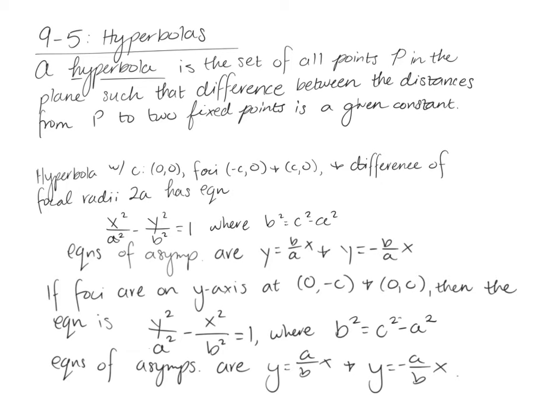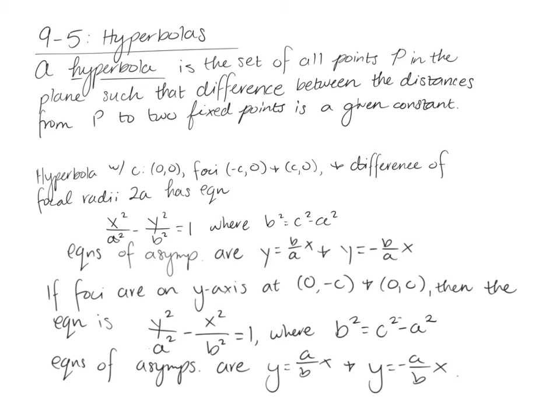The c still means the distance to the center, because the center of a hyperbola is the midpoint of the line segment joining its foci. And if you need to know where that is, that's in your notes on the first page. Hyperbolas do have centers, and the distance from the foci to the center is always c, okay?